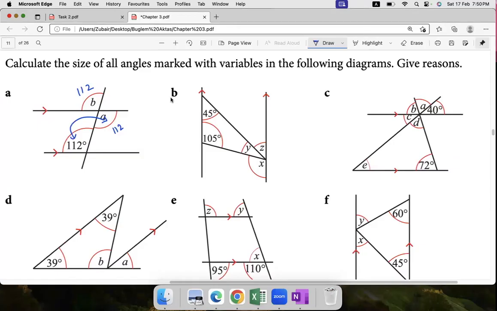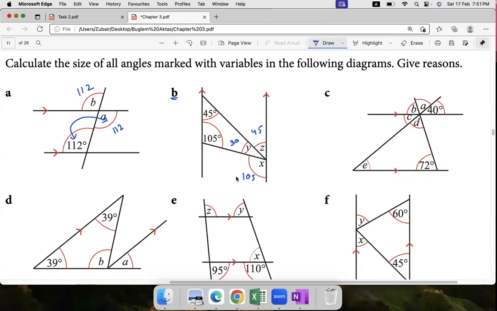Question B. Y is equal to 30, angle sum of triangles, and z is equal to 45 and x is equal to 105. You see, this is getting quick. And 30, property: sum of angles of a triangle.